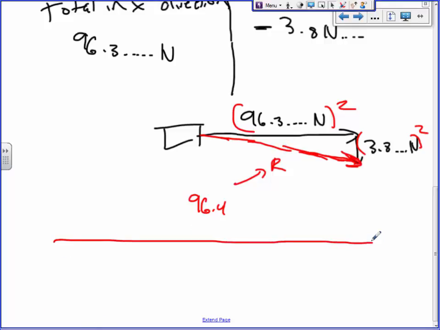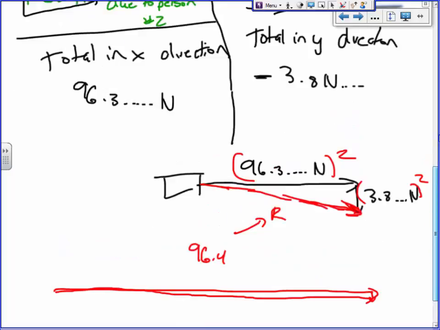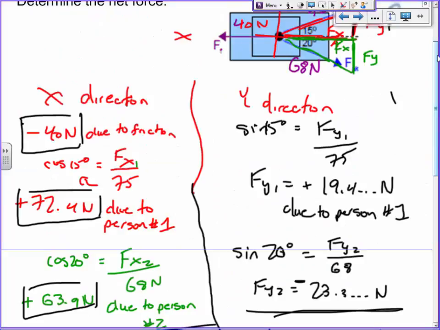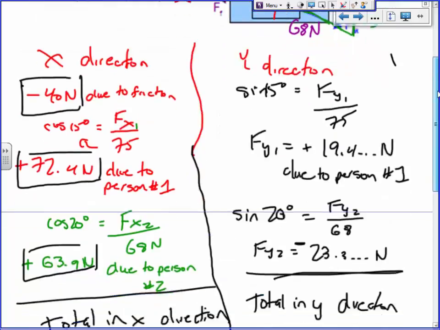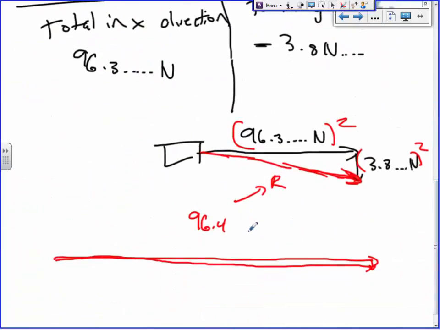But wouldn't 96 be like that? And wouldn't 4 be like that? So if I were to draw this line right here, wouldn't it just be slightly bigger than it was before? Just slightly. Do we get 3 sig digs? 2 sig digs. Okay. So 96 then? Is that what it would end up being? Okay, so our answer is 96 newtons.